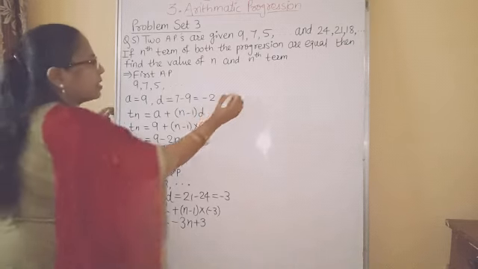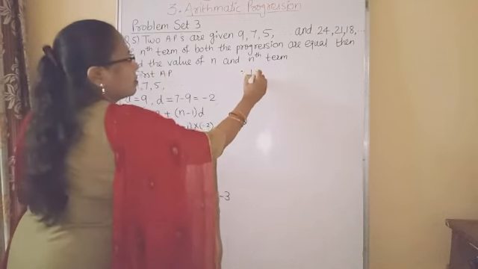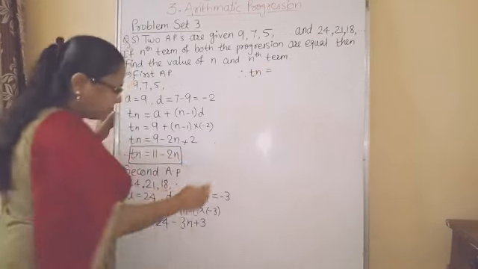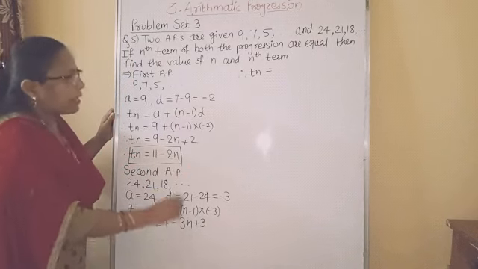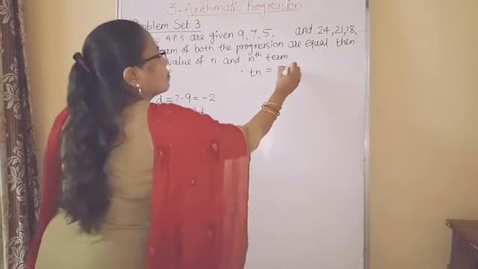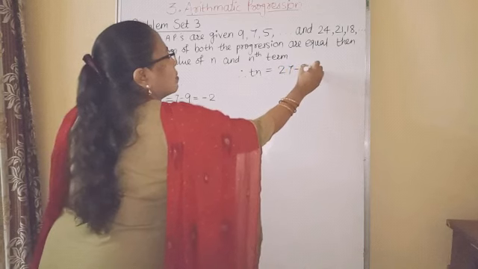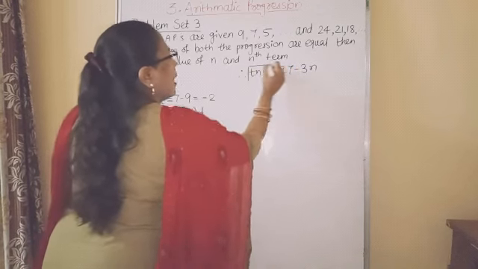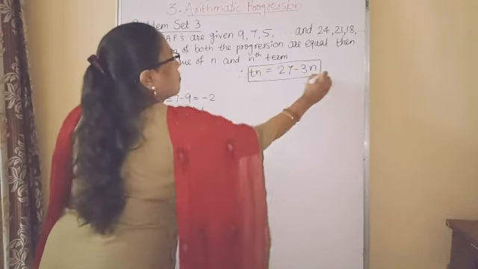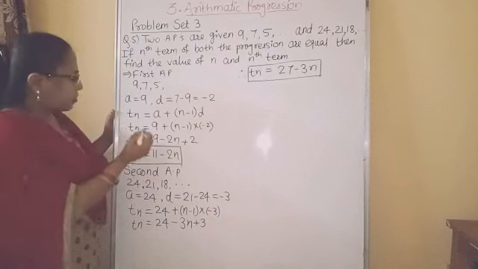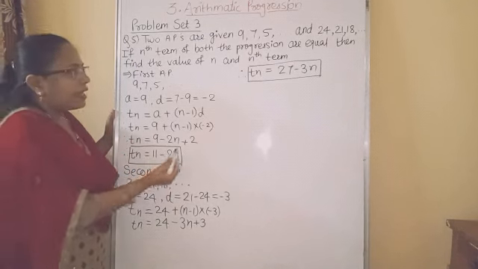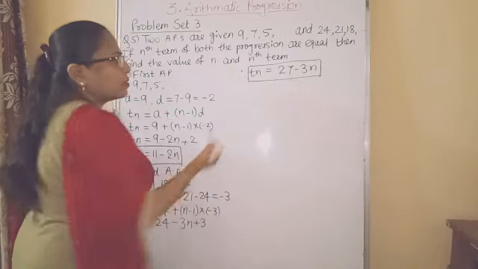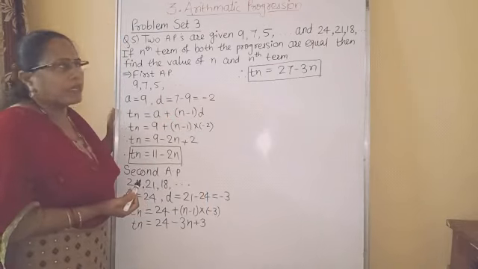So therefore Tn is equal to 27 minus 3n. So this is the nth term of the second AP. The nth term of the first AP is 11 minus 2n and the nth term of the second AP is 27 minus 3n.